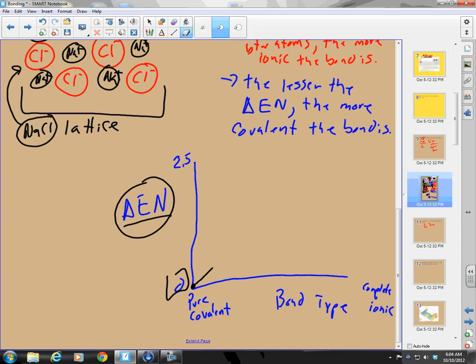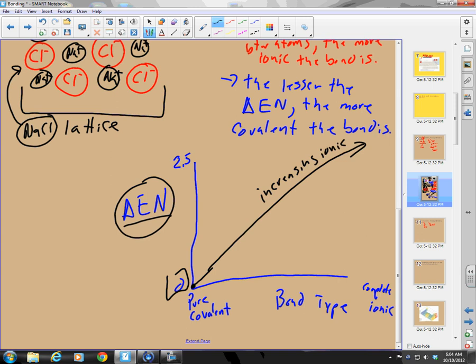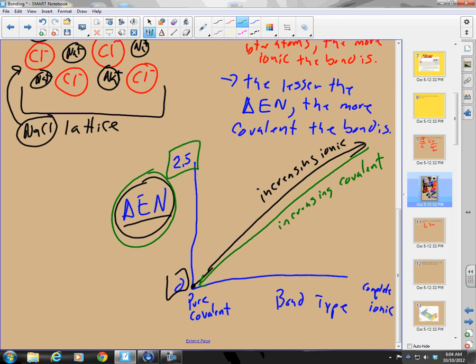Let's just do this. Here we go. This is increasing ionic character. And the opposite, sorry about that, folks, this would be increasing covalent. There we go. Sorry to confuse you there. As my delta En becomes big, I increase my ionic nature. As my delta En becomes small, I increase my covalent nature.